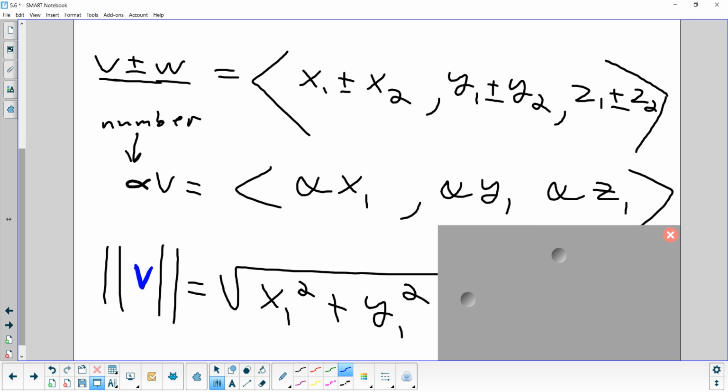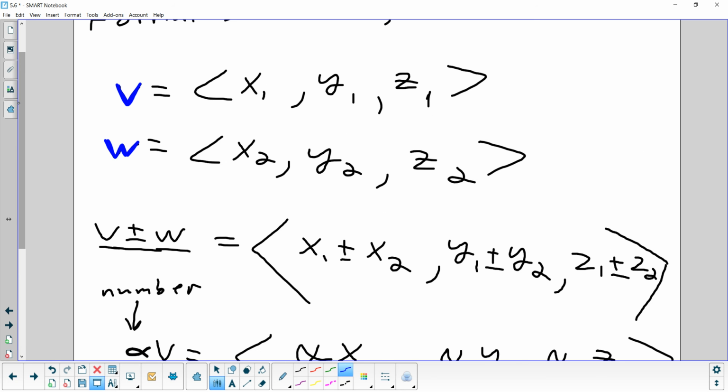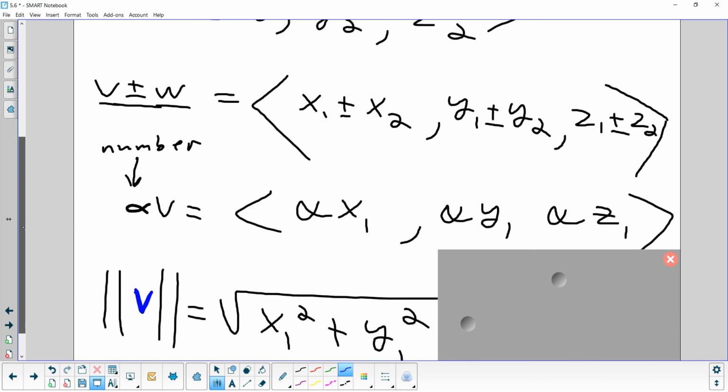What do you think I'm going to add to this formula to turn it into the 3D version? Plus z squared. Which one, Z1 or Z2? Because we're talking specifically about vector V in this case. We're not even using W right now, and vector V is Z1. If we were doing W, we would have done Z2.